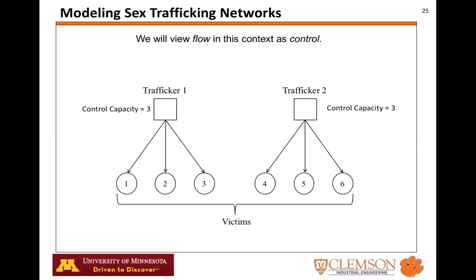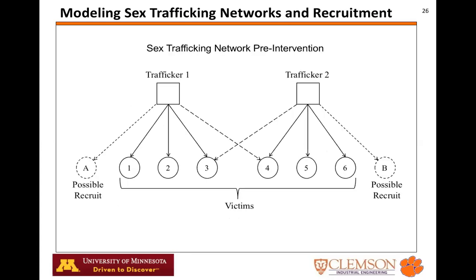Traffickers have a certain number of victims they are willing to control at any one time. If flow moves from a trafficker to a victim, that means that trafficker is exploiting that particular victim. This is the current example operation of a sex trafficking network.